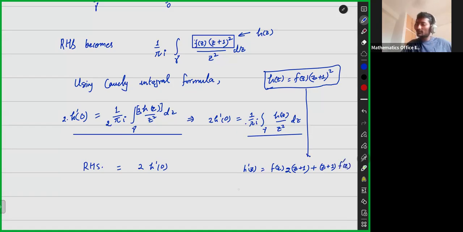So putting that, if we put the value z equal to 0, this is 2 into f(0), right? Plus, when z is equal to 0, this is f prime at 0.